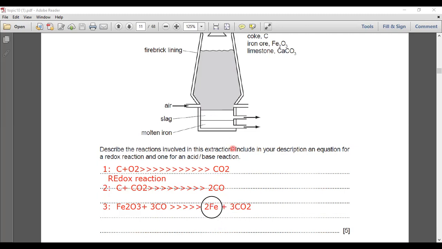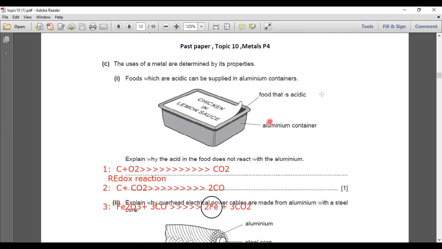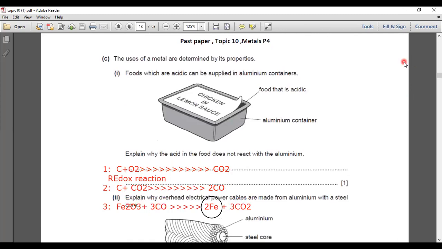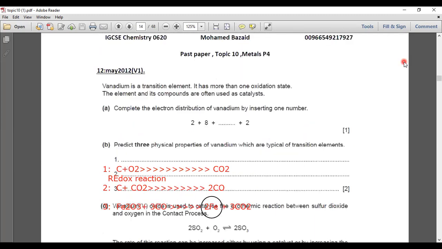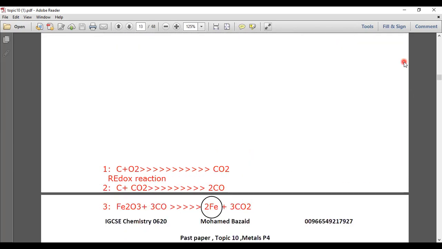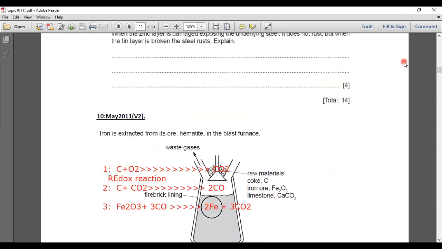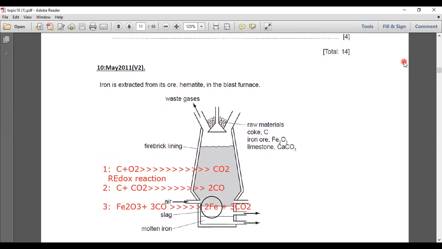If you check at the top, what I added here is CaCO3.